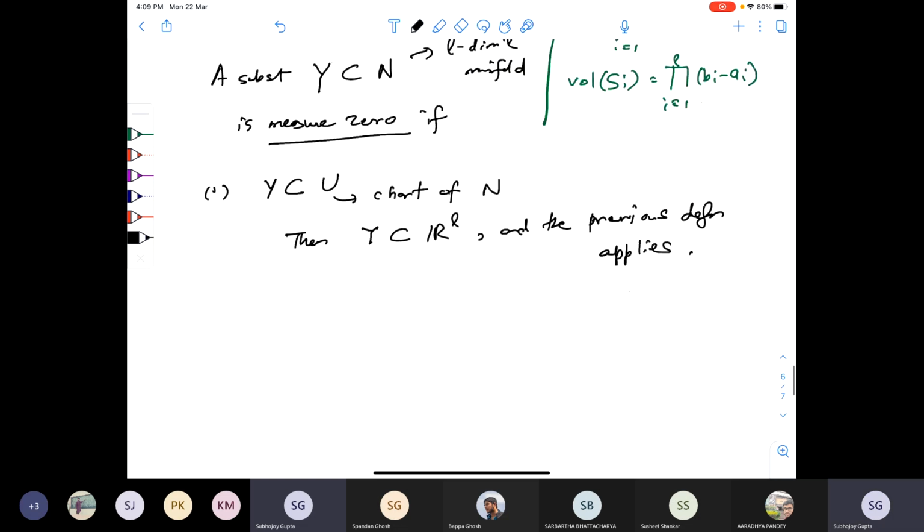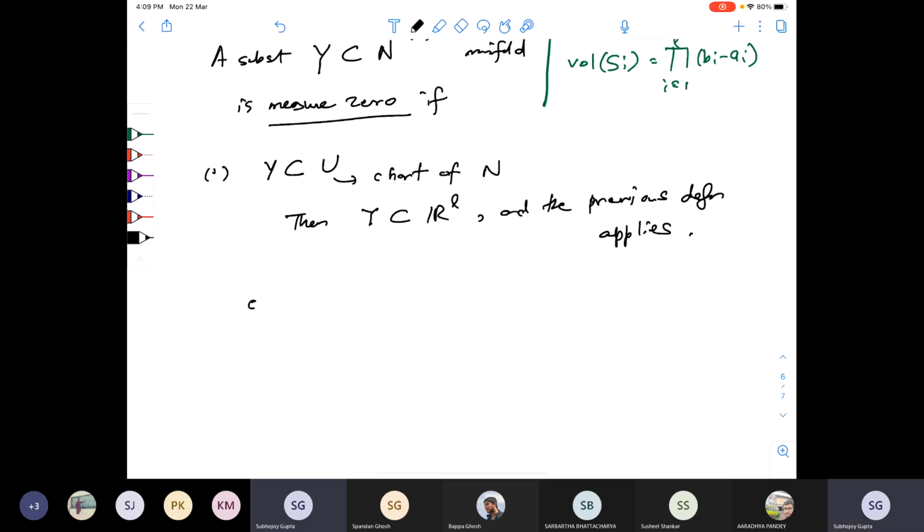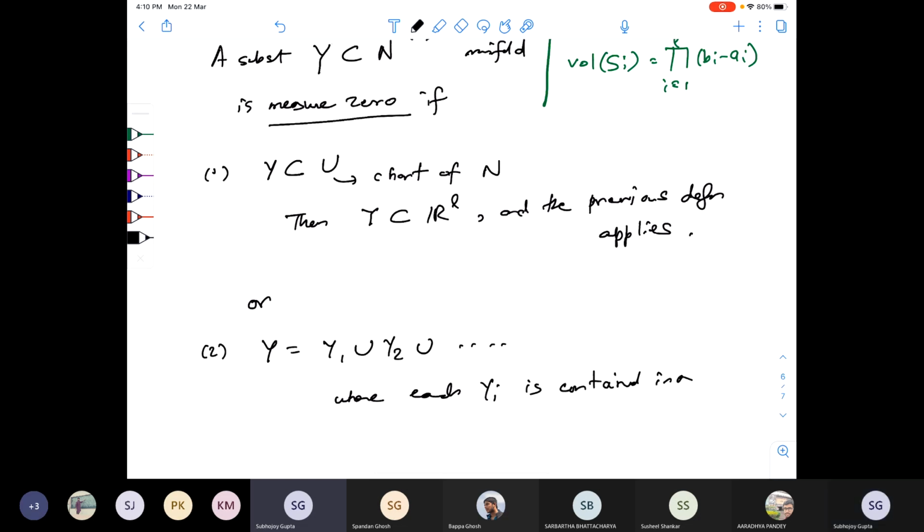Or, if it is not contained in a single chart, then you can break it up into pieces. Sorry, this is Y. You can break it up into Y1 union Y2, sort of countably many pieces where each Yi is contained in a chart, just by taking intersections.